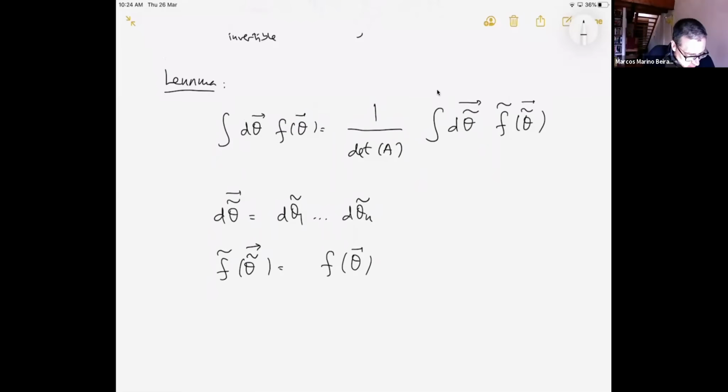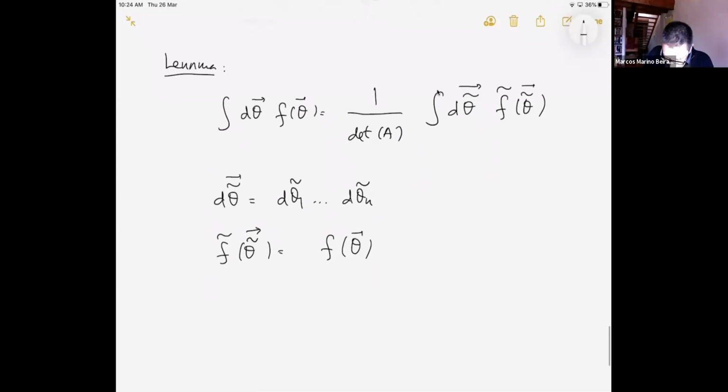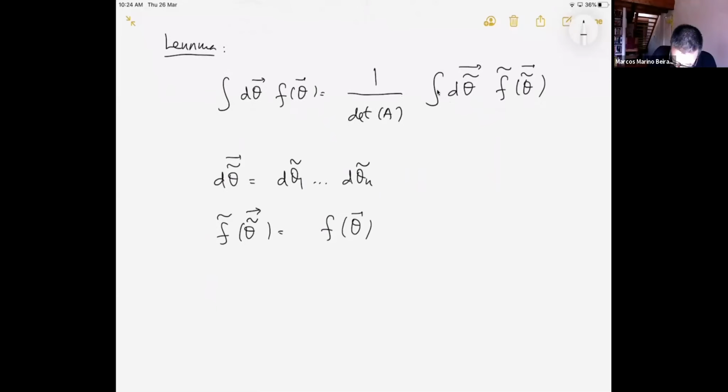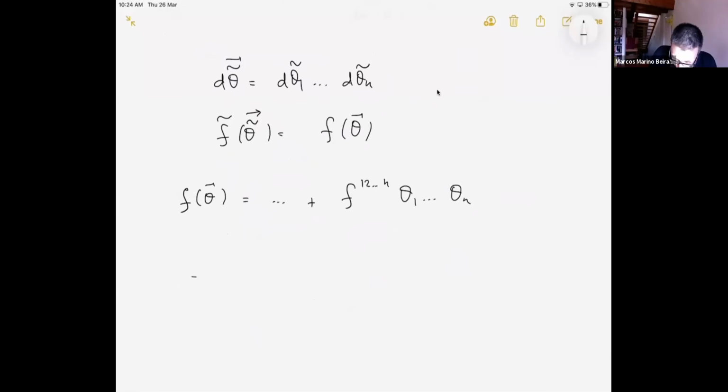Now, this is very, very easy to solve, and the reason is the following. Remember that f of theta will have various terms, and here we will have the term which is relevant for the integration, which is this one. This is the thing that we have to worry about. Now, we are going to make this linear change of variables. If I make the linear change of variables directly here, what I will get is the following.